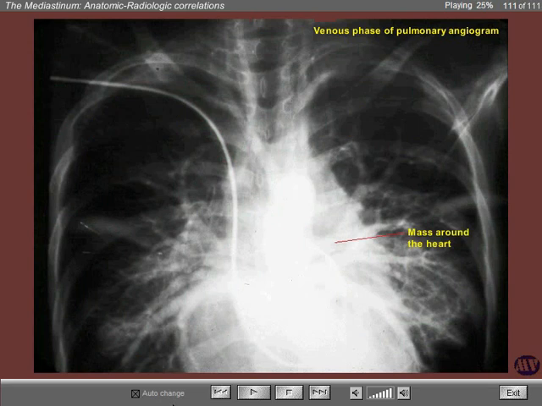Note that at the level of the aortic arch, the mass is lateral to the arch and extends above the arch. So consequently, the enlarged cardiac shadow was not due to the heart. It was also not related to the pericardium, but to a mediastinal tumor. At surgery, this proved to be a mesenchymoma. Some called it undifferentiated tumor of the thymic gland. What is important is to recognize that an apparent enlargement of the heart can be simulated by a mass wrapping around the heart.